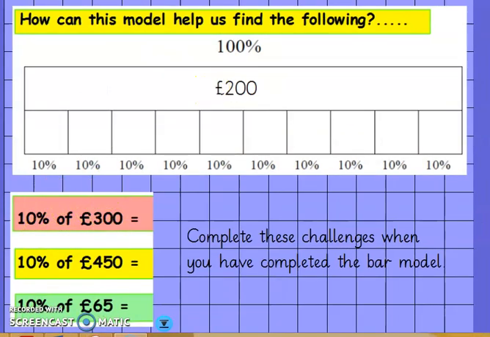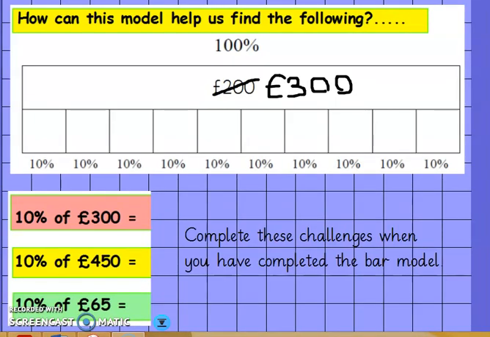The next question here says, what if it was 10% of £300 instead? So imagine instead of it being £200, it's actually £300 that we're looking for now. So what would 10% be now? So the sum that you should be doing in your head is £300 divided by 10.